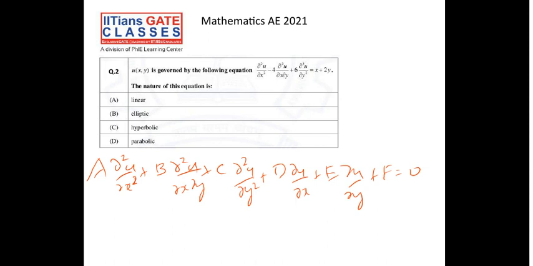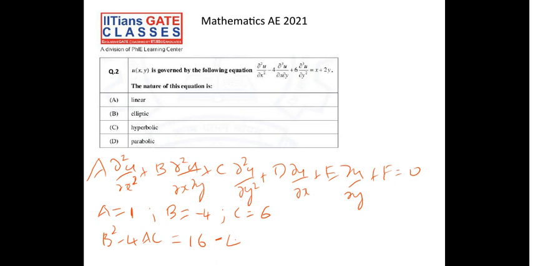So comparing the standard form with the given equation, we get a as 1, b as minus 4, and c as 6. D and e don't matter over here. Now we find the determinant, that is b square minus 4ac.